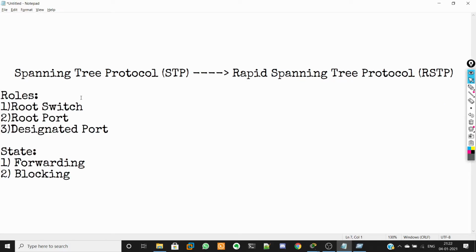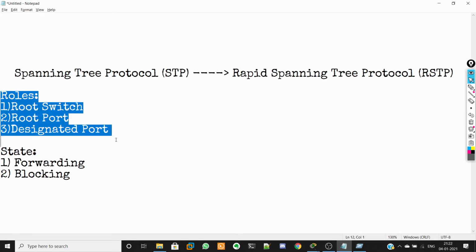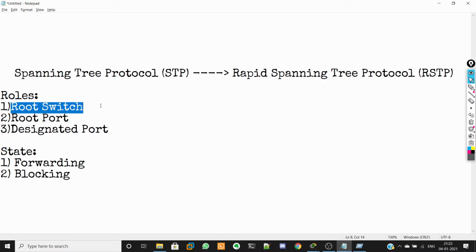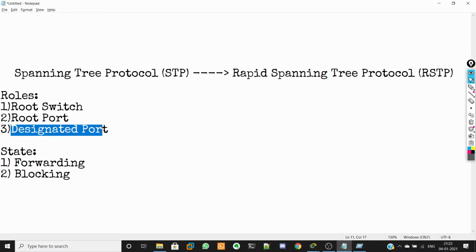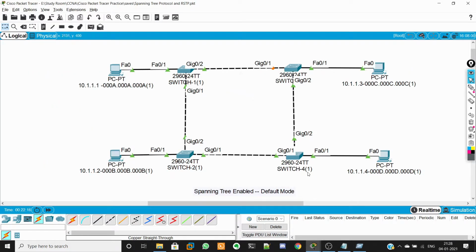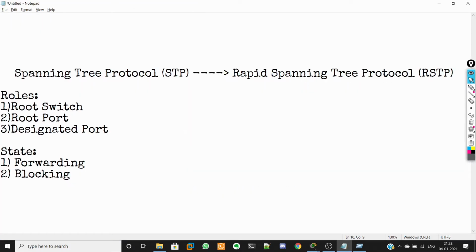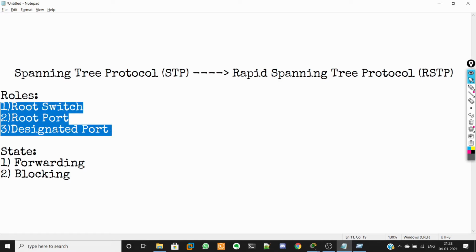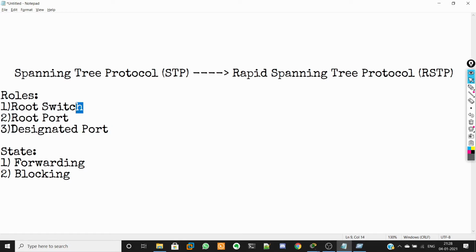Before getting to know how the spanning tree operates, I would recommend taking note of these terms: roles, root switch, root port, designated port, and the states, forwarding and blocking. To form the spanning tree, the switches have to communicate and they need to choose these three roles. First, let me start with the root switch.